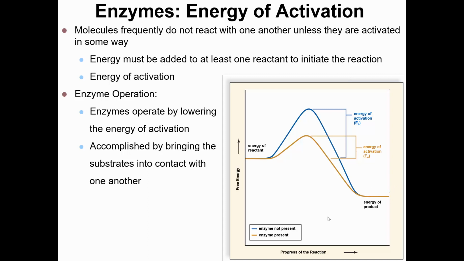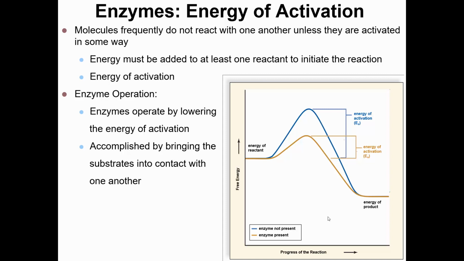Now, you may say, well, how would this possibly happen? But think about the diagram, think about the animation we looked at a few minutes ago. What enzymes do is the following. They run into a substrate and they take that substrate and do something, providing a microenvironment that allows the reaction to occur. So they might provide a little pocket that has a different pH.